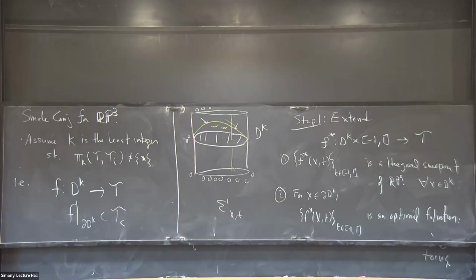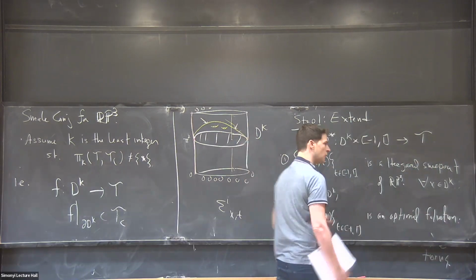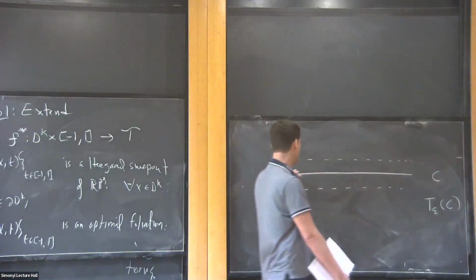I will just draw a picture. Let's assume there's just one minimal torus, so let's assume we have some minimal torus here. And we take a small tubular neighborhood of that torus. We know that every torus corresponding to a point here is very close, as varifolds, to this central torus.